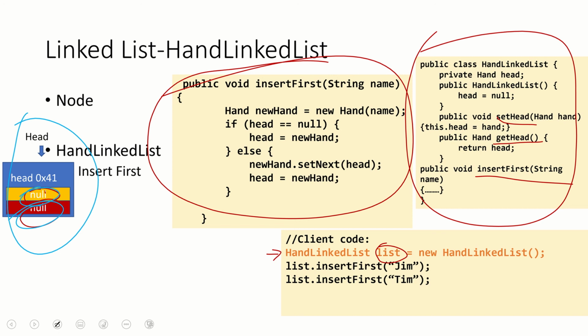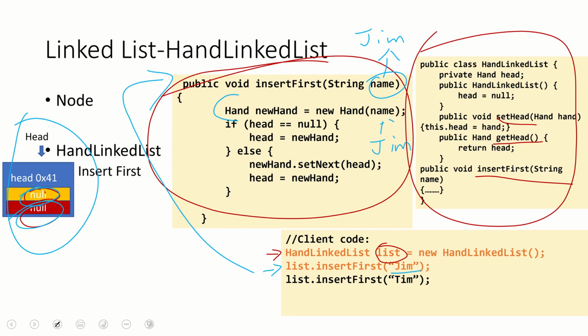Basically, this head is none. Then we go to the next line, list dot insert first, which is Jim. Which leads us to the method. The parameter name over here is Jim.